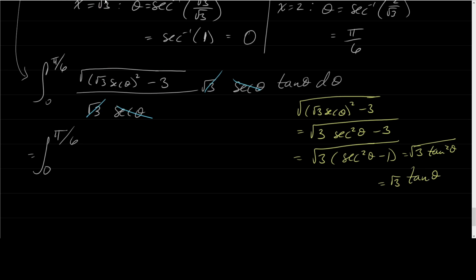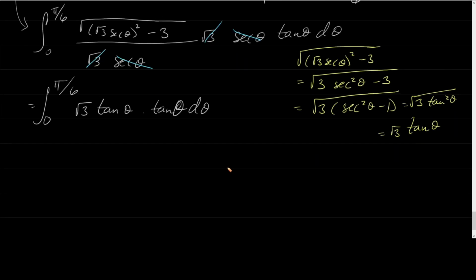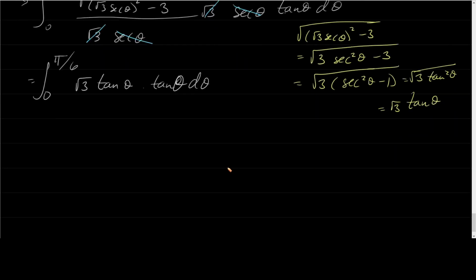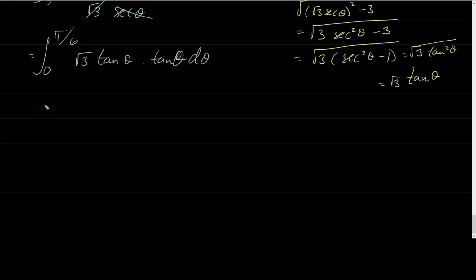So that's what that radical becomes. So it is just radical 3 times tangent theta. But we still have this times tan theta d theta out there. So times tan theta d theta. So at this point we get the integral from 0 to pi over 6.